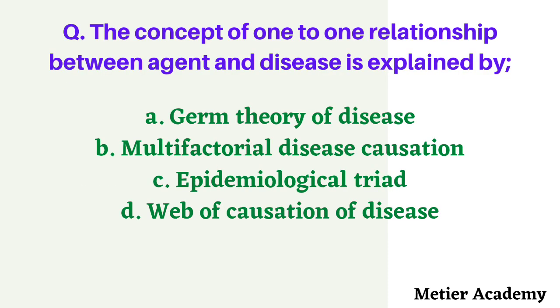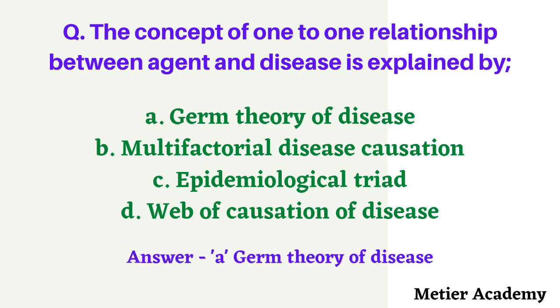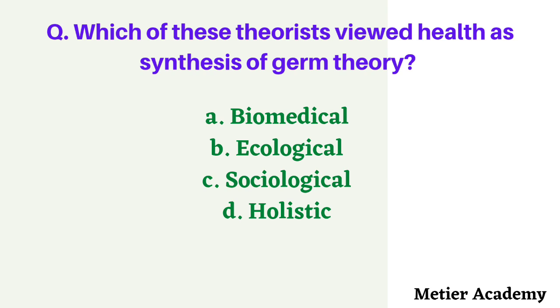Next one is the concept of one-to-one relationship between agent and disease is explained by germ theory of disease, multifactorial disease causation, epidemiological triad, web of causation of disease. And here the correct answer is option A, germ theory of disease. The last one is which of these theorists view health as a synthesis of germ theory?